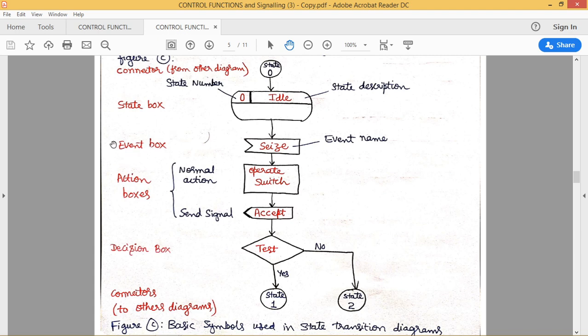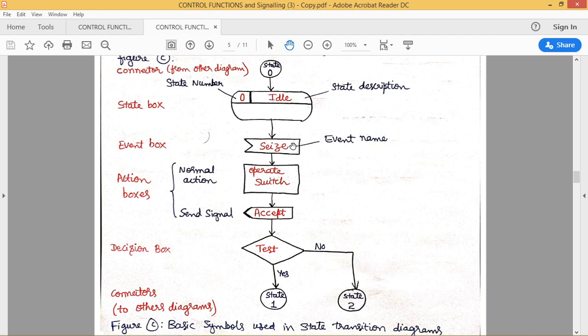And then we will have another type, that is the event box. Generally the event box will have an indented arrow, either in this direction or in this direction. If it is in this direction, it indicates a forward signal.